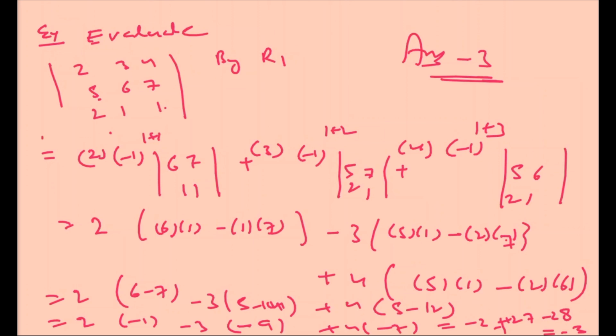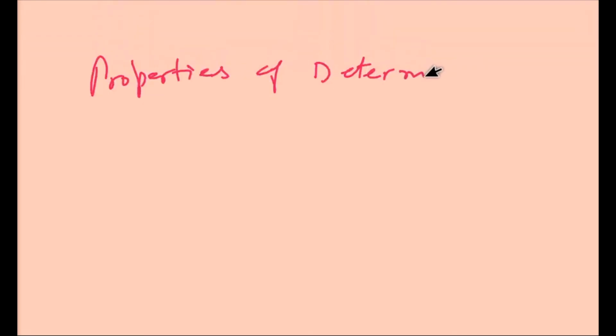In the next lectures I will tell you the properties of determinant. Using the properties of determinant, we can evaluate the determinant in another way. Okay, so you have to wait for the next video.